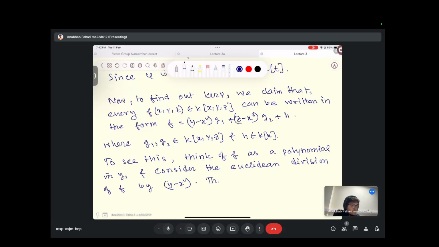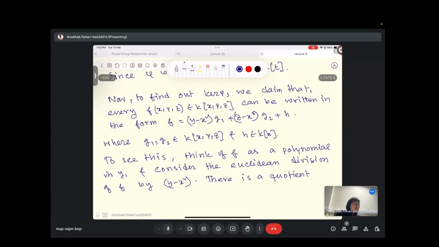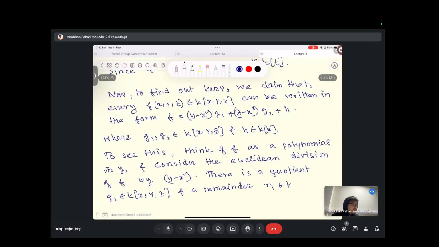There is a quotient g1 and a remainder r1 of k[x], right?